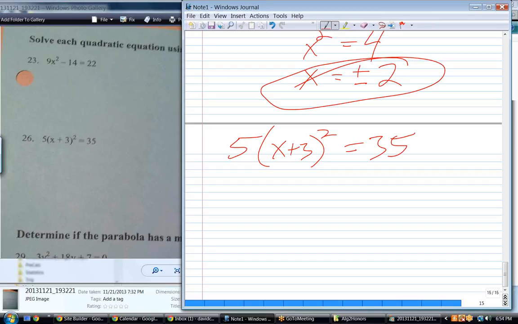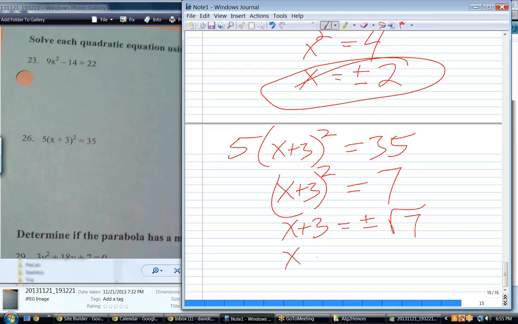What is it? Probably just divide both sides by 5 first, and then square root it. So x plus 3 equals plus or minus root 7. So then x equals negative 3 plus or minus root 7.